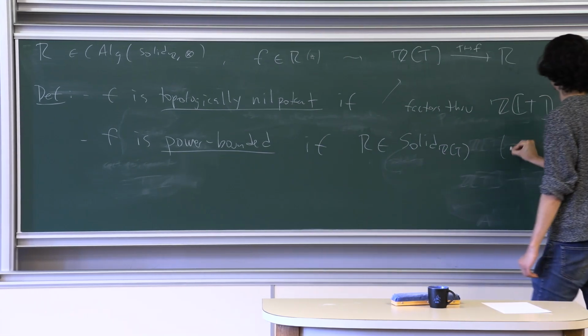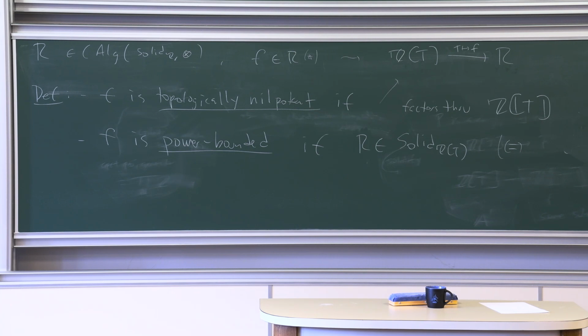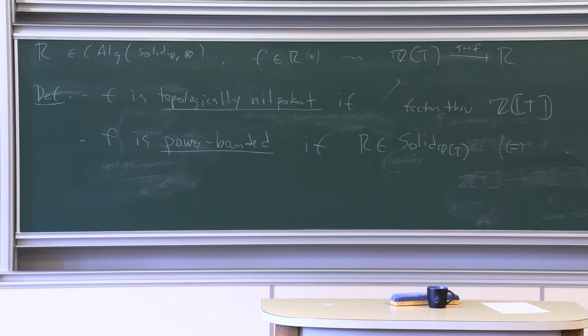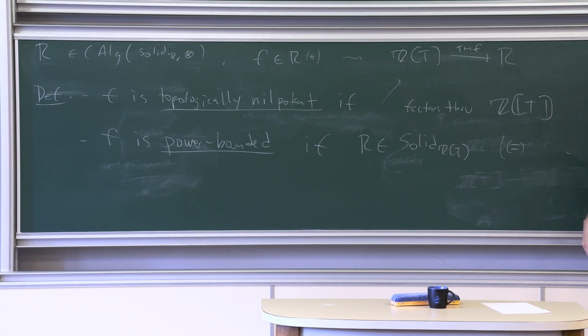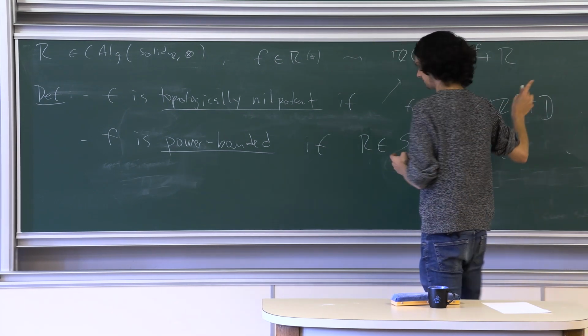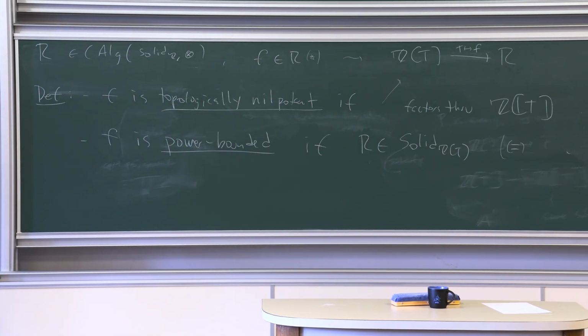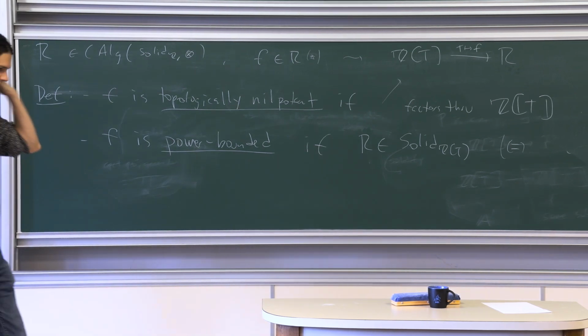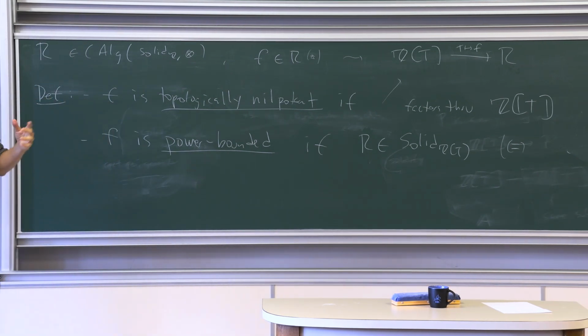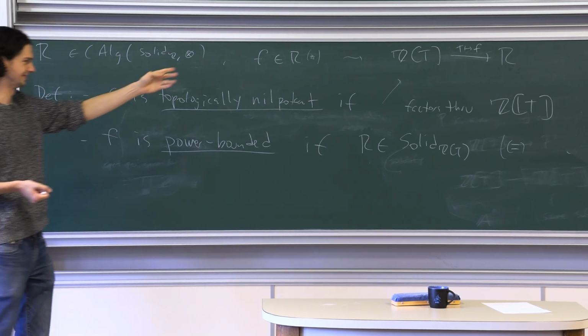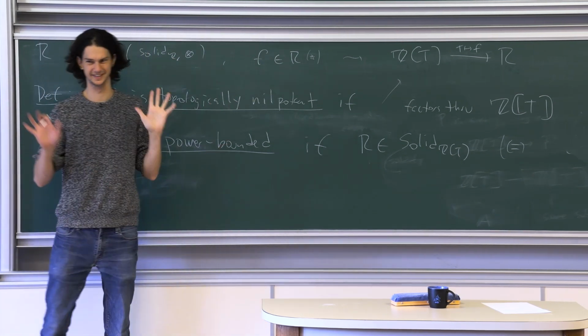In the first definition, is the factorization unique? Yes, it's unique if it exists because of this idempotency. That's an interesting fact, actually. This is also the free module on a null sequence. So even though there are solid abelian groups that have non-Hausdorff behavior, still this limit is unique if it exists.